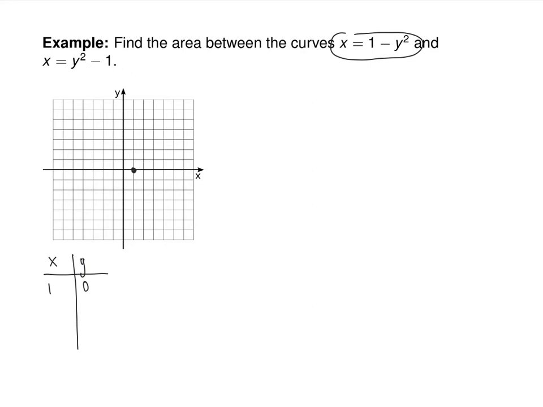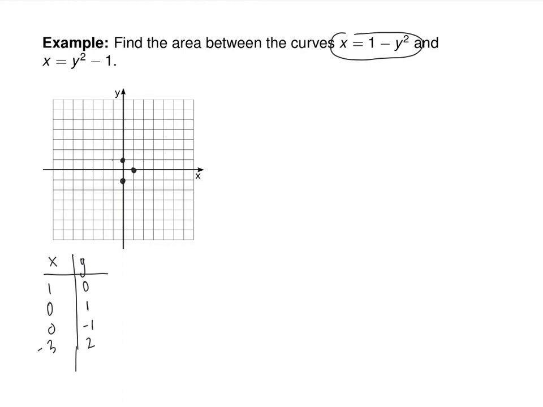If I input y equals 1, I get out x equals 0. If I input y equals -1, I also get out x equals 0. And if I input 2 for y, I would get x equals -3.